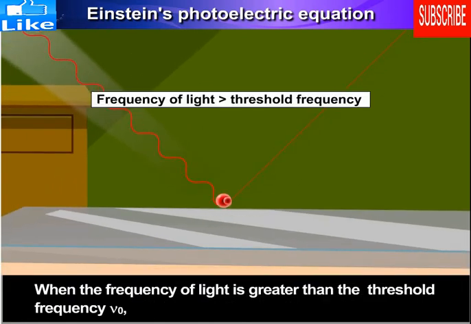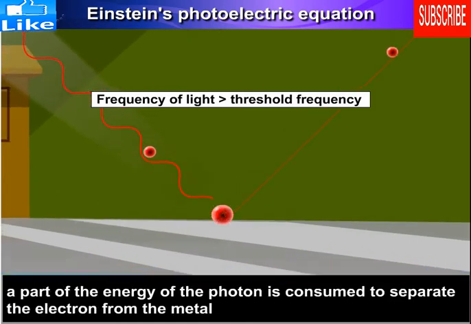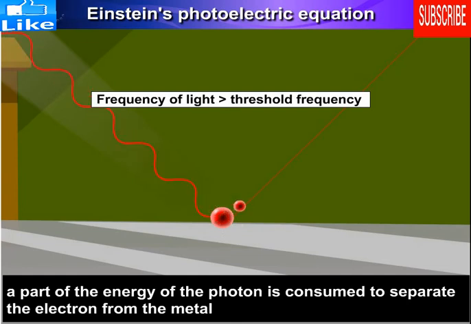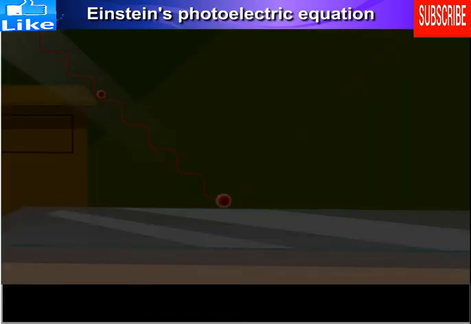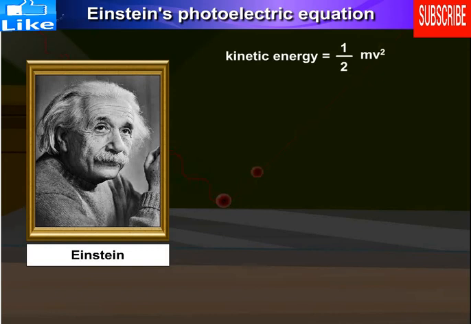When the frequency of light is greater than the threshold frequency ν0, a part of the energy of the photon is consumed to separate the electron from the metal, and the remaining energy is imparted to the ejected electron, which acquires a certain velocity v, and hence kinetic energy equal to 1/2 mv².